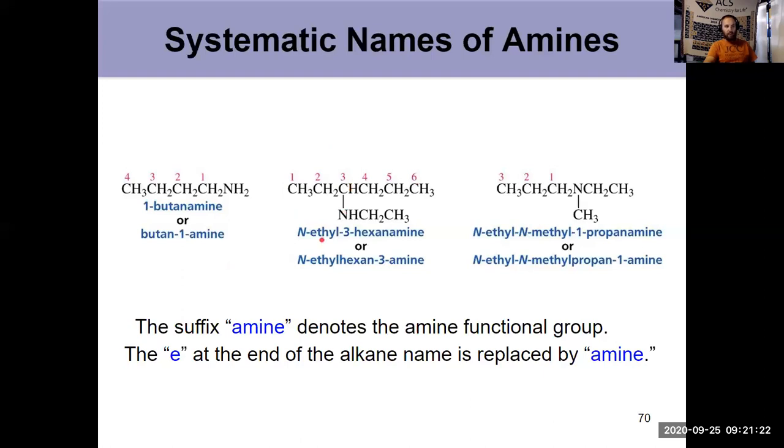And N-ethyl indicates that there's also an ethyl group coming off of that nitrogen as well. Over here, N-ethyl, N-methyl, propane, 1-amine, coming off of carbon 1, or 1-propanamine.